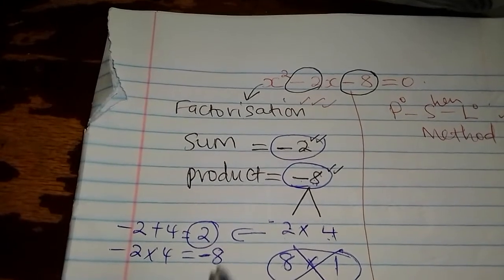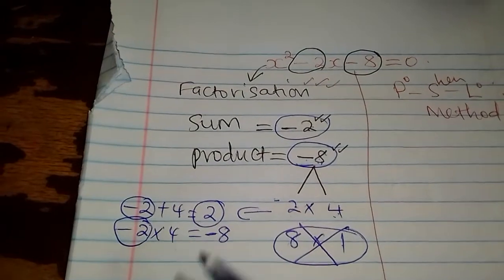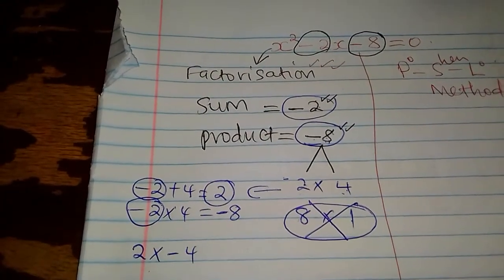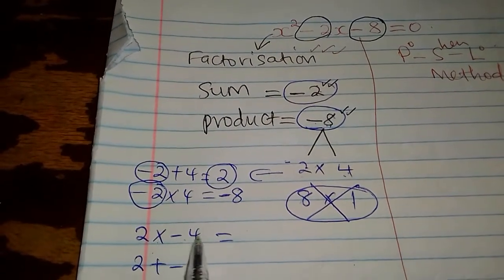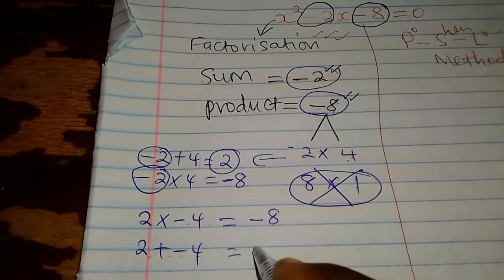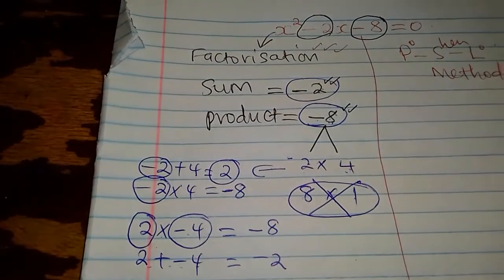So obviously that means this one cannot be negative 2, so the next number becomes the negative. I'm going to have 2 times negative 4, then 2 plus negative 4. 2 times negative 4 is negative 8, and 2 plus negative 4 is negative 2. So my numbers are 2 and negative 4.